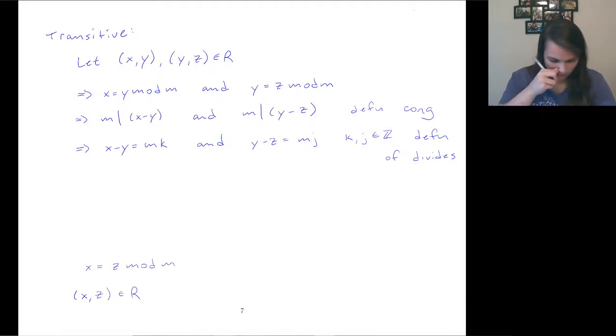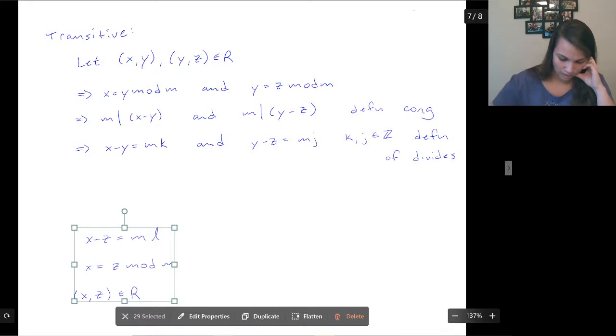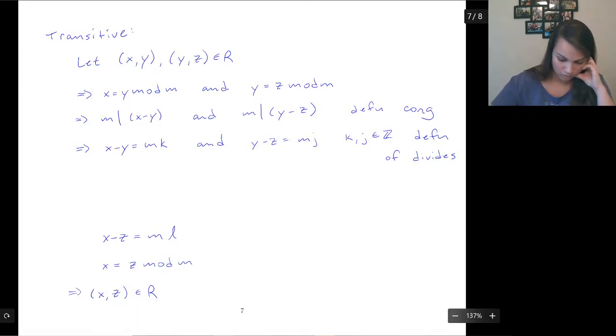And then to get there, that means I need x minus z to be equal to m, we'll say L. Okay, so I need x minus z to equal m times an integer. That's the new end goal.